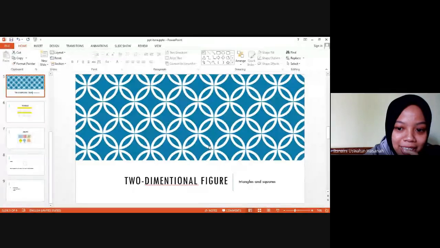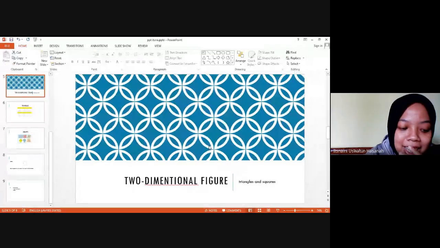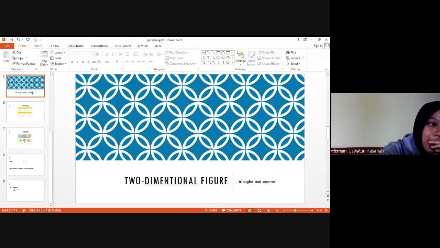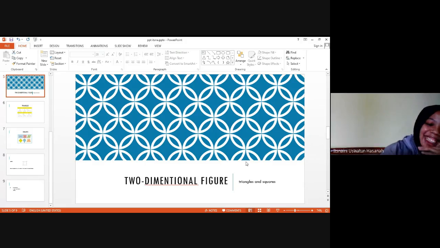Two-dimensional figures, triangle and square. Types of triangle based on side and angle: equilateral triangle, isosceles triangle, scalene triangle, right triangle, obtuse triangle, acute triangle.